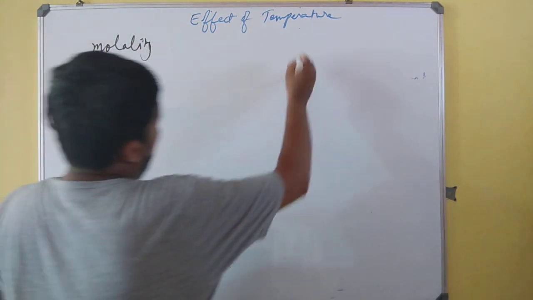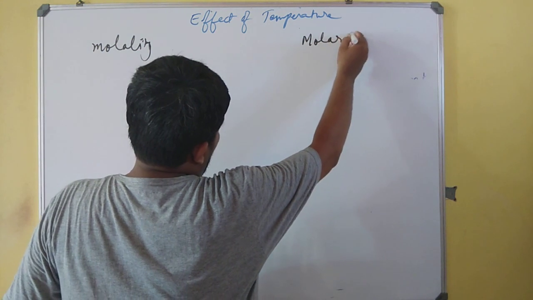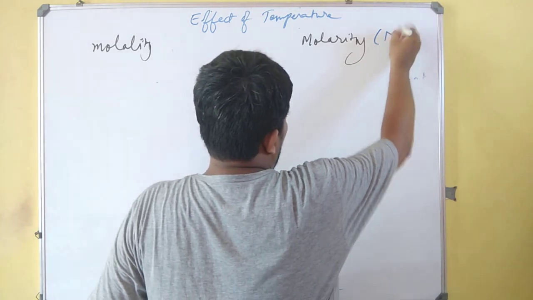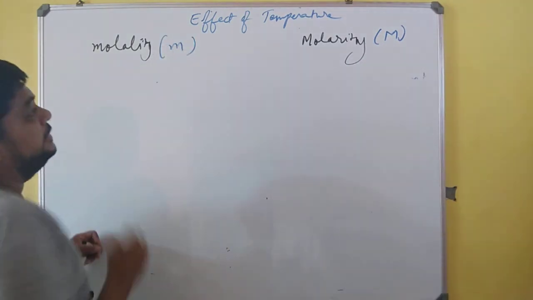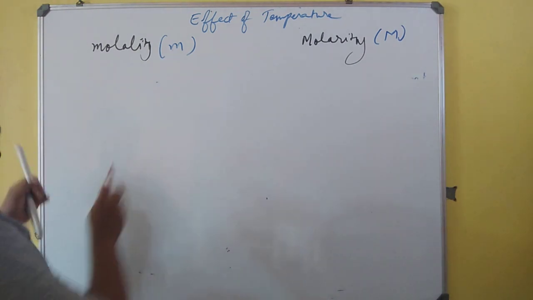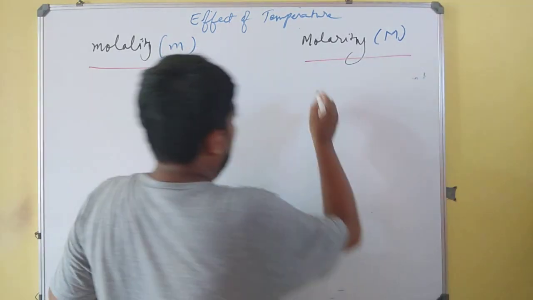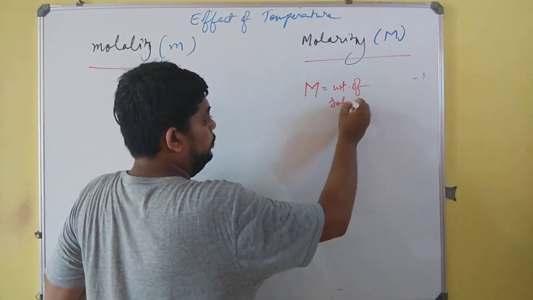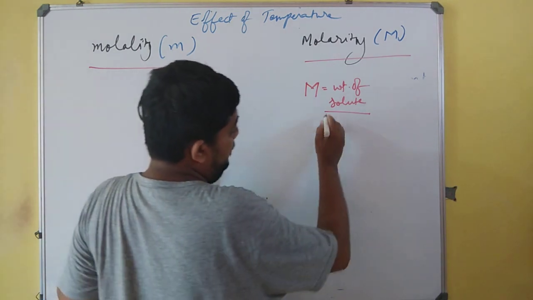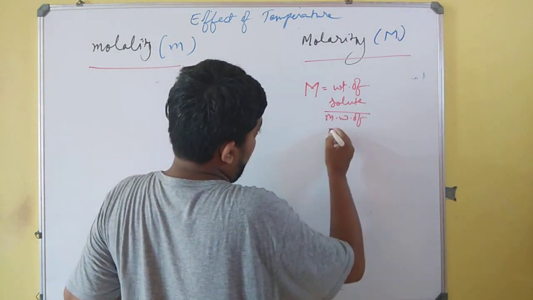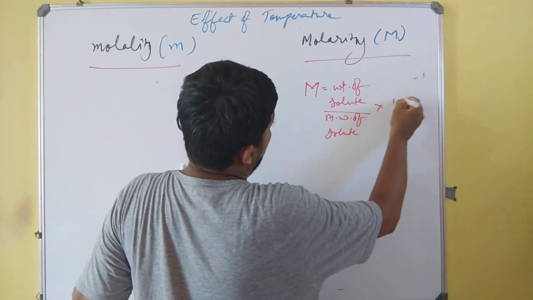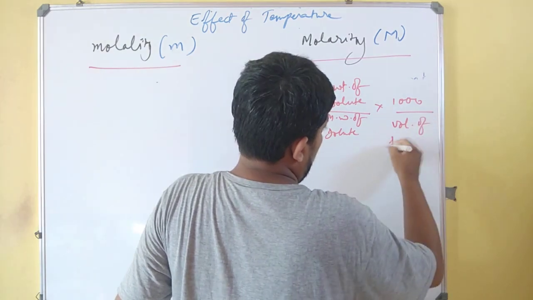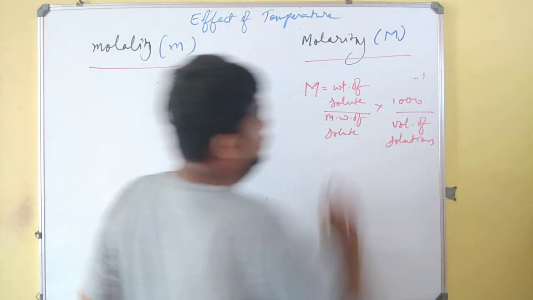Molality and molarity. So when we try to execute these things, what would we end up with? Over here, molarity is equal to weight of solute divided by molecular weight of solute, multiplied by 1000 divided by volume of solution.